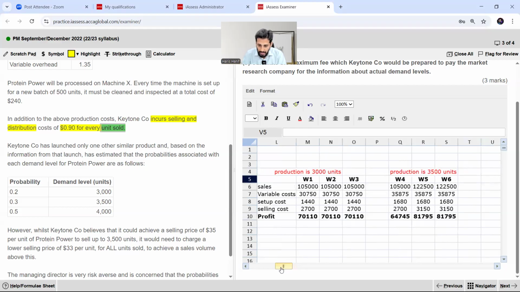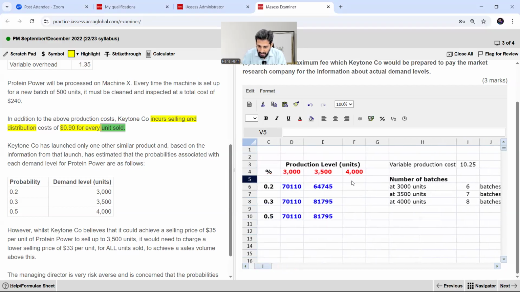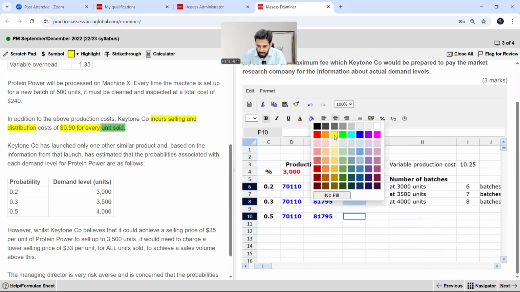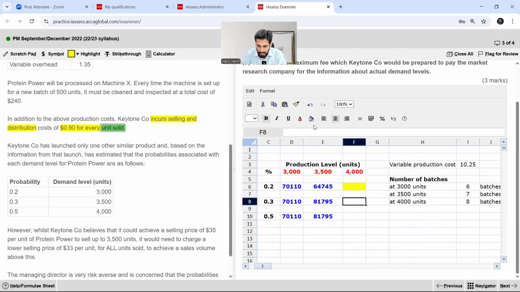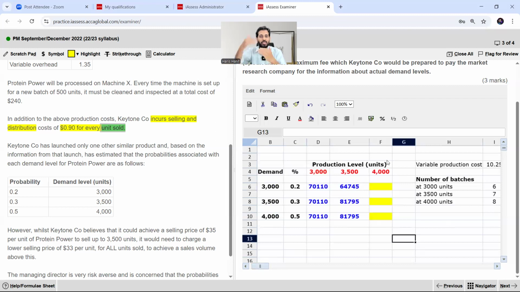See that for working number, in all these three selected cells with yellow color, there is a production of 4,000. So that means units produced but not sold.